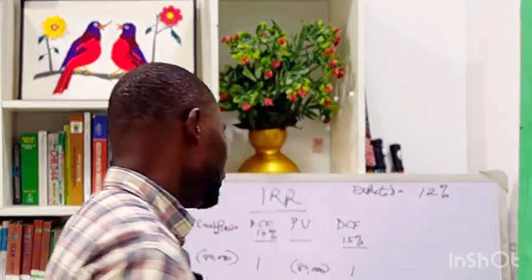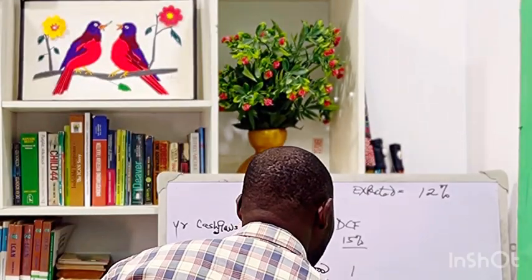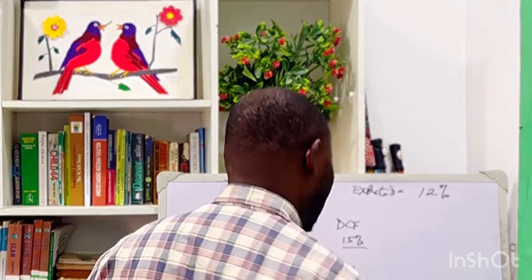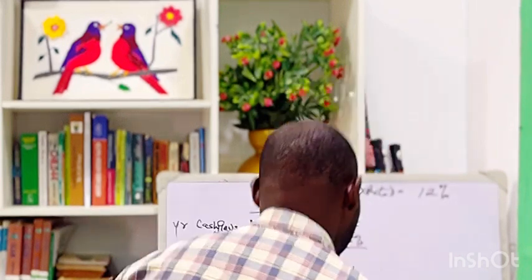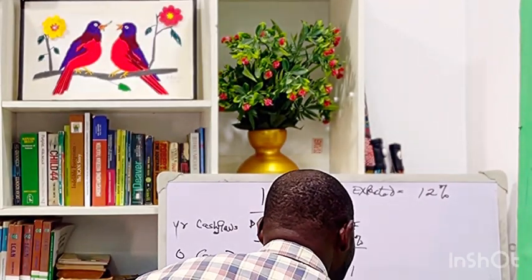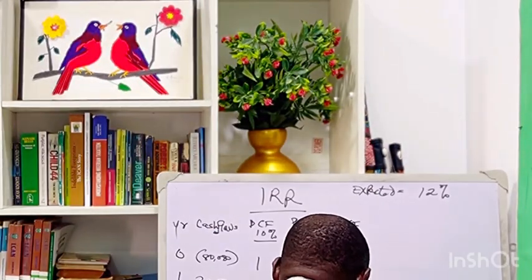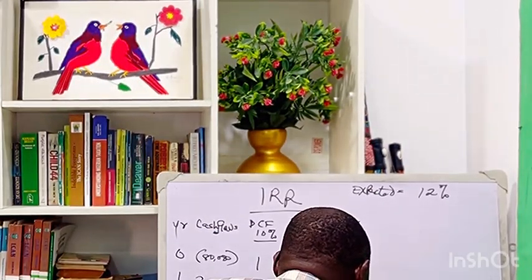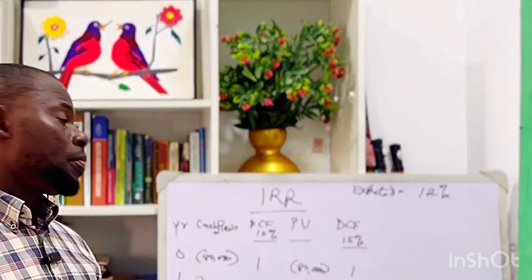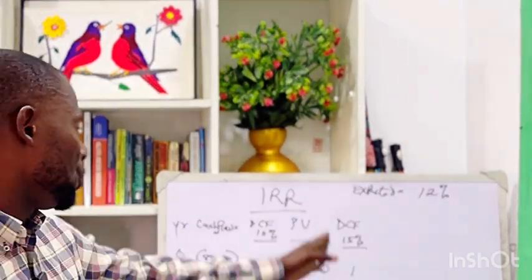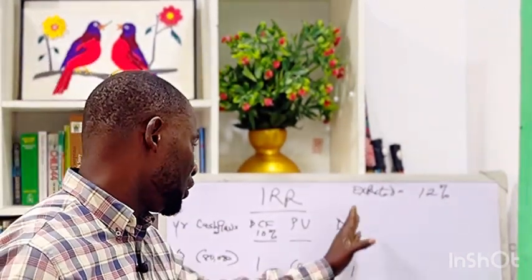This next one will give us 0.756. The next one will give us 0.658. And then 0.572. Good. If you are lost here, I want you to please find yourself very quickly.